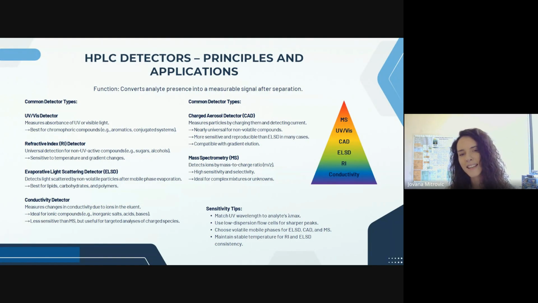So basically, when selecting a detector, always consider your analyte properties and the compatibility with your mobile phase. And we have a small figure here on the right, which shows from the least sensitive detectors, such as conductivity, to mass spec, our most sensitive detector that we can use with our HPLC systems.